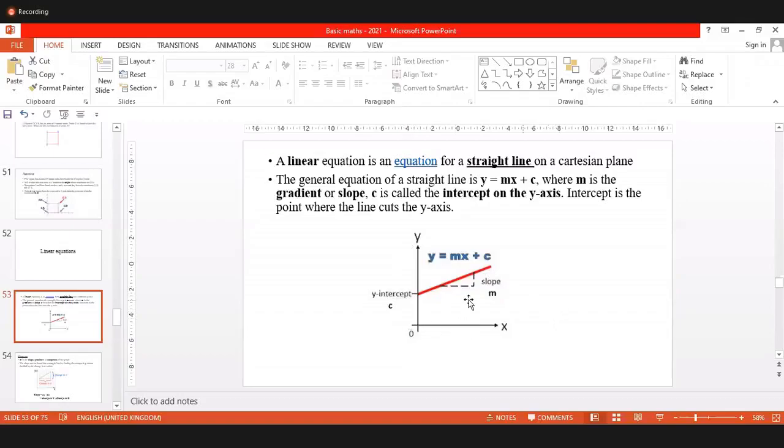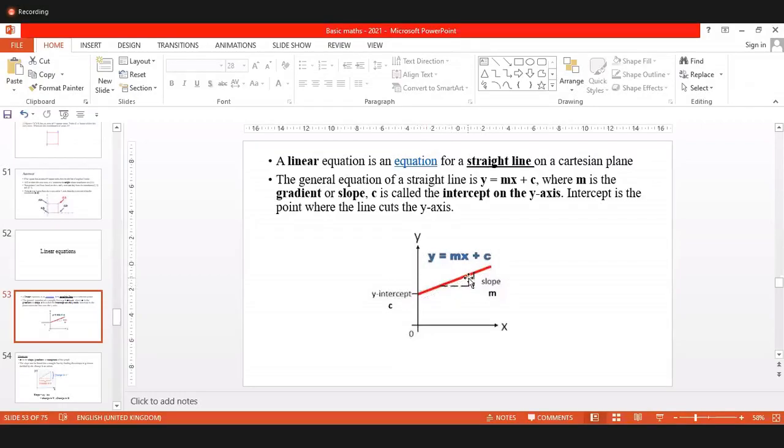You got the point? So this is the independent variable. This is the dependent variable. This is the origin. This is quadrant 1, right? If you are having an equation just to explain this straight line, that is of course a linear equation. It is having slope or gradient. It is having one intercept. Intercept is the point where this line cuts the y-axis.